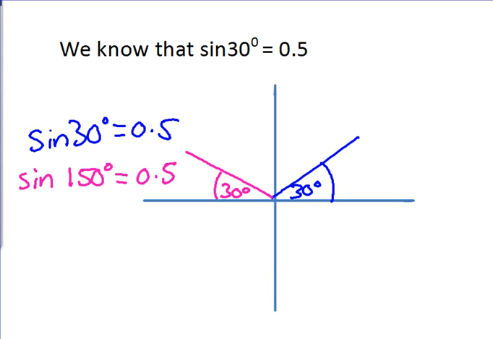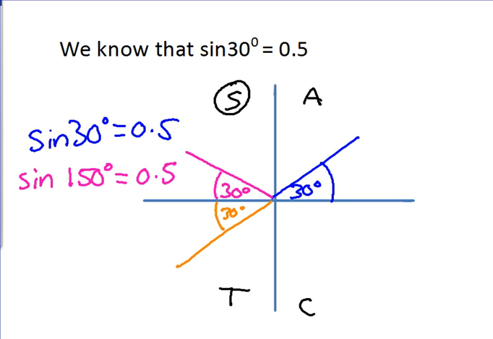And, because I know that in the second quadrant all of the sine values are positive, I know that sine 150 degrees is going to be positive at 0.5. Looking to the third quadrant, let's consider this angle again with 30 degrees made with the x-axis.